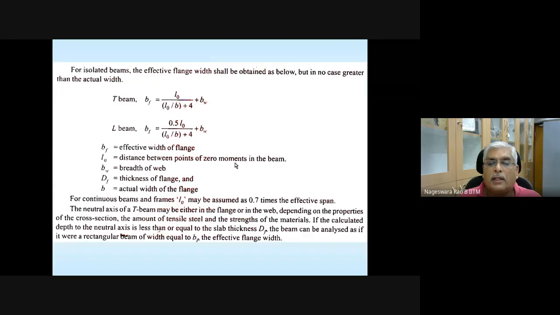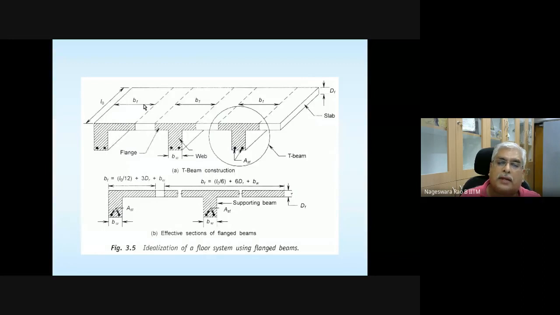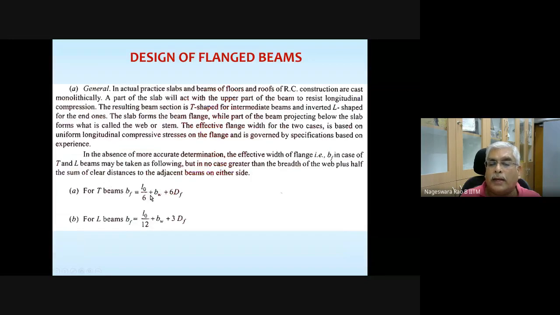Please note that the effective width of this flange is going to depend on these quantities: the distance between points of zero moment, the width of the web, and the thickness of the flange. Once you have information about all this, you should be able to find the effective width.